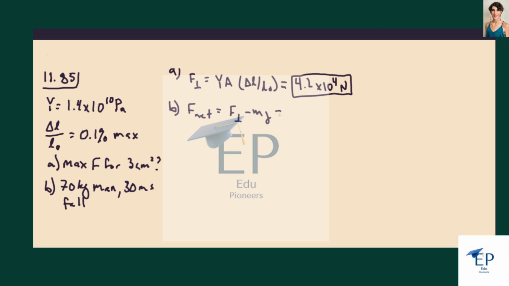And this is going to be ma. So we find that a is going to be 1.19 times 10 to the 3rd meters per second squared. And this will be the average acceleration over this 30 millisecond interval.